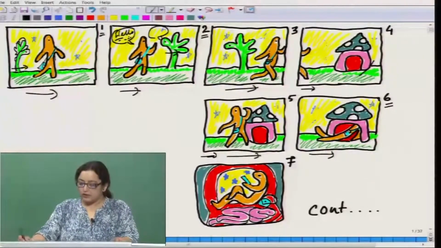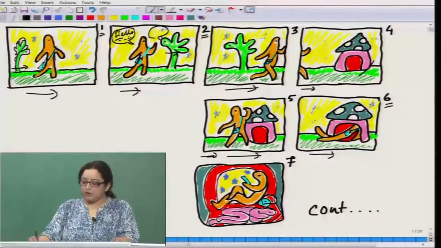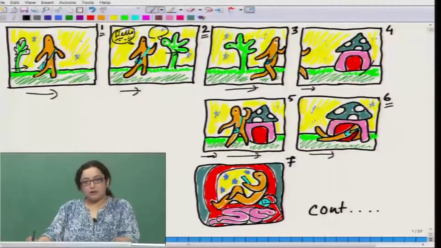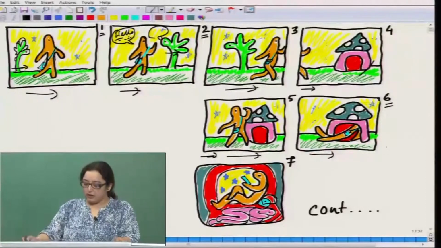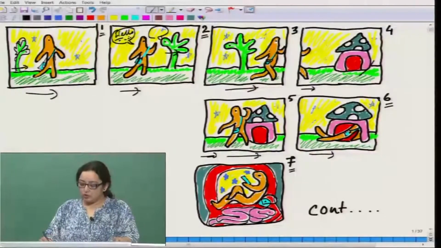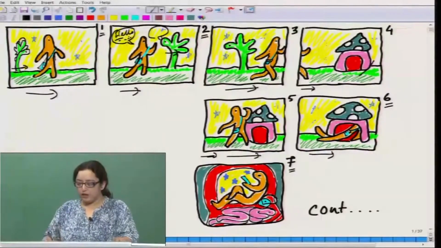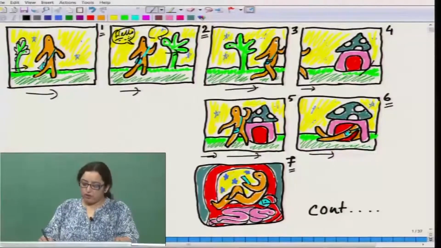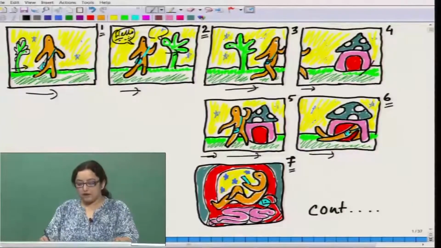So, in the sequence 6, we see a partial body that is half inside the house. So, in the next sequence, we can skip a few movements and just show that the person is happily settled in, he is reading a book. You can also see a partner who is already sleeping there. So, he is enjoying a book in the starlight.